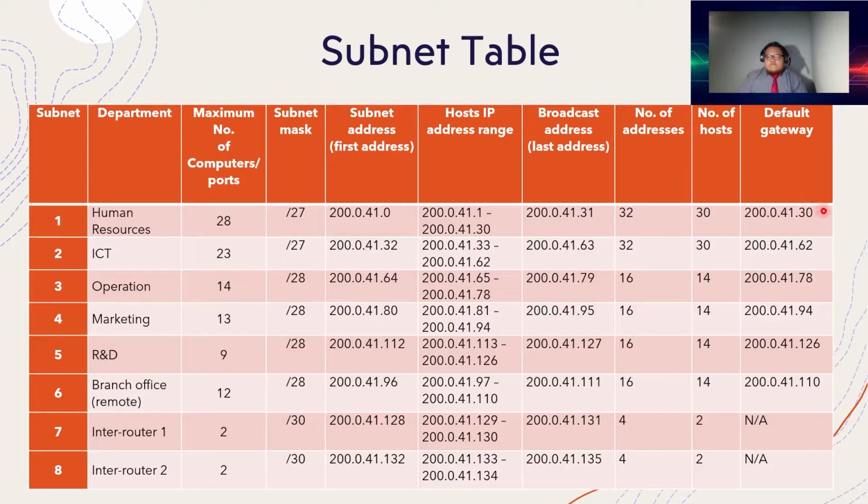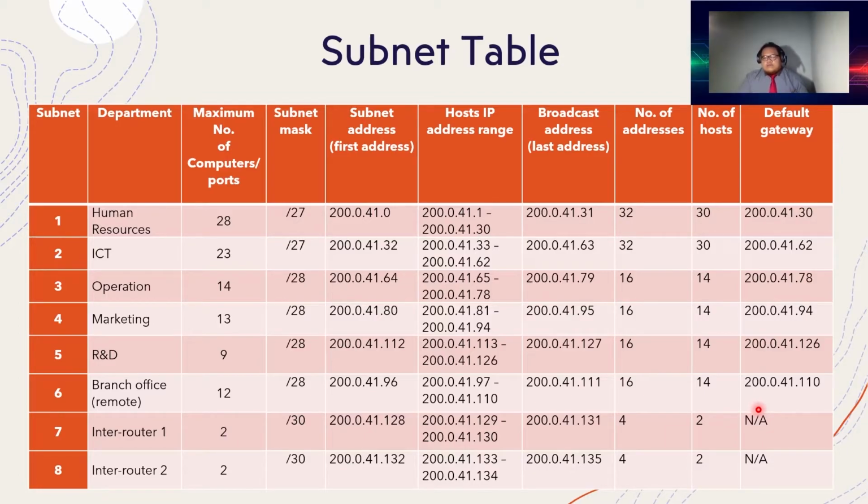Now, for the default gateway, we are using the last available IP address in the range. For subnet 1, we are using here 200.0.41.30, and for subnet 2, 62, subnet 3 78, subnet 4 is 94, subnet 5 is 126, and subnet 6 is 110. Sorry.